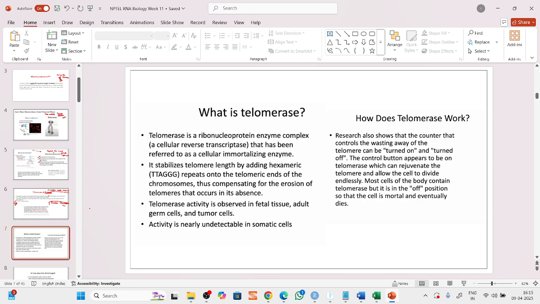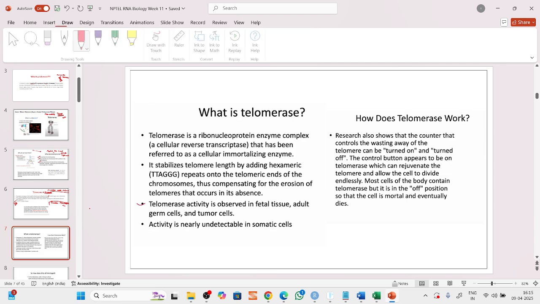Telomerase activity is observed in fetal tissue, adult germ cells, and in tumor cells. This is important. Why is it an important point? Because you should remember that not all cells show the property of renewal of the telomeres. Cancerous cells have a very enhanced telomerase activity. The activity is also observed in germ cells and in fetal tissues.